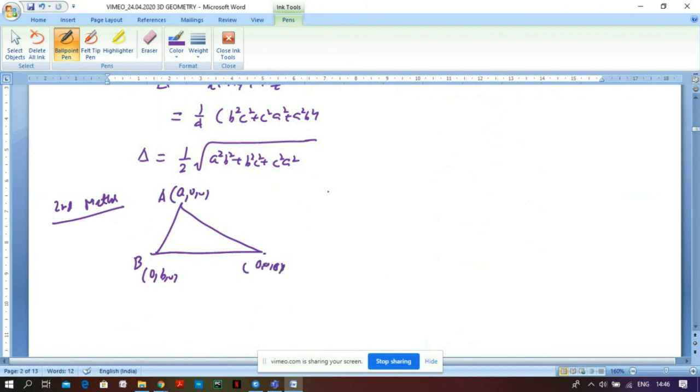So let me write vectorially that A, 0, 0 is the same as A i plus 0 j plus 0 k. So we know how it works. So this is your vector.